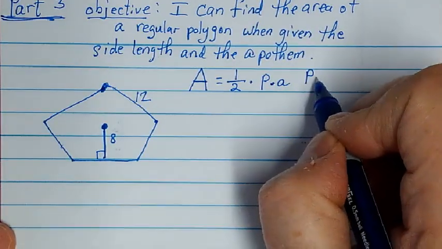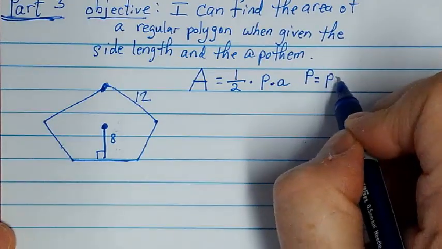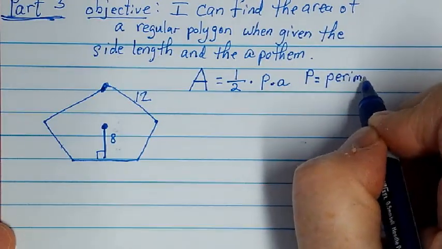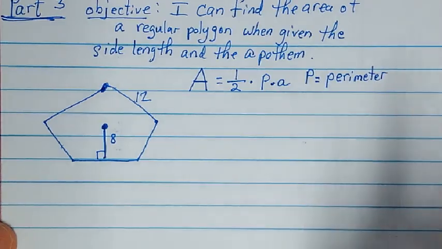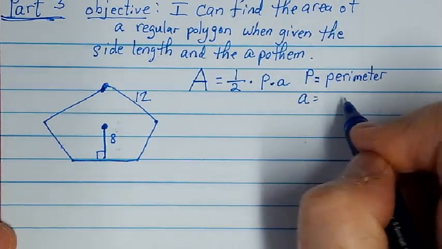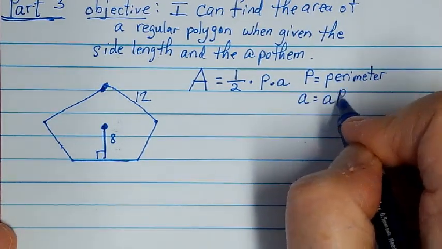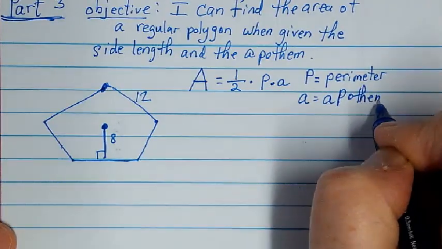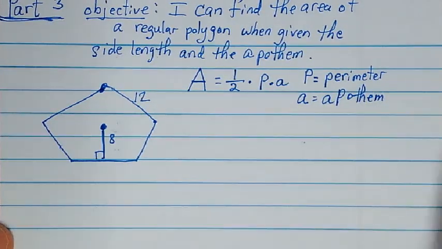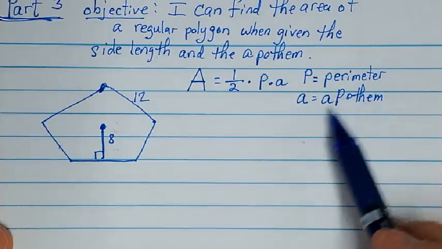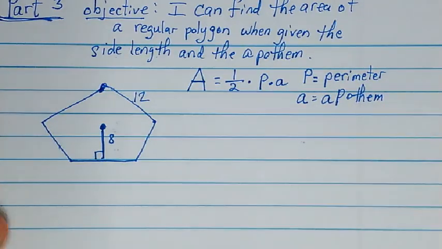P stands for the perimeter, and A stands for the apothem. P is the perimeter, A is the apothem.